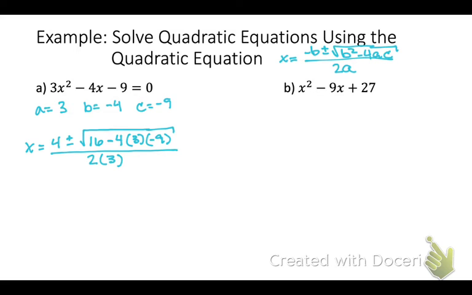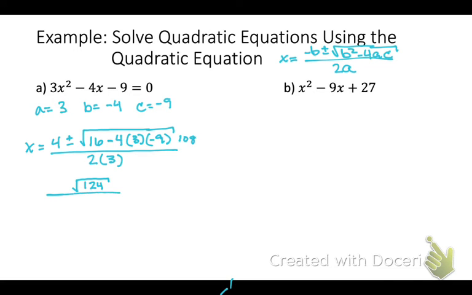So 12 times 9 is 108. Yeah? And it would be positive because a negative and a negative is a positive. So 108 and 16. 124. Is that right?